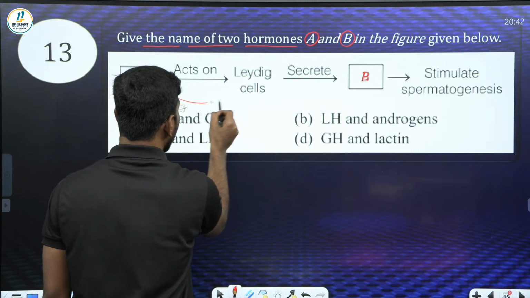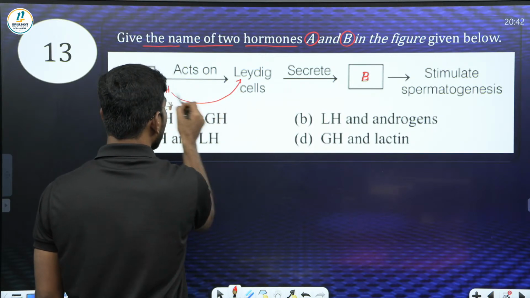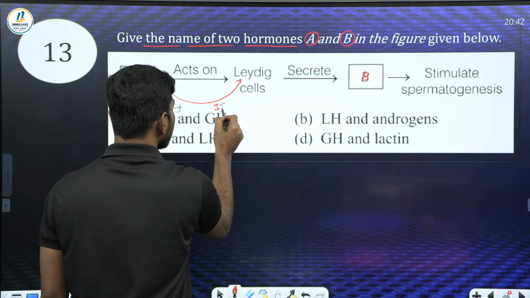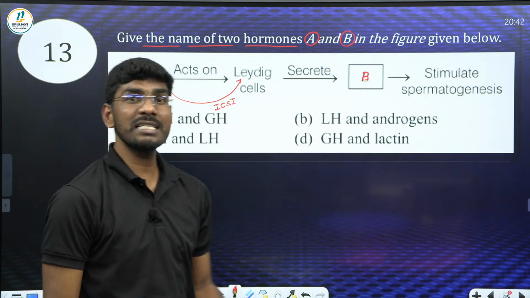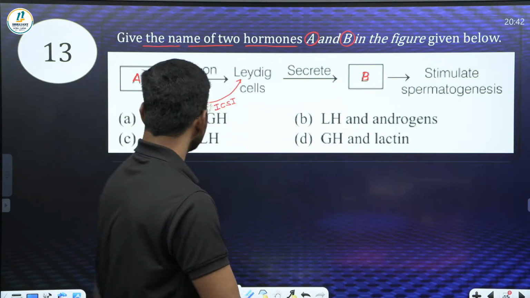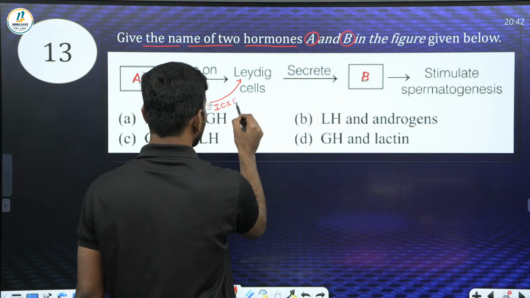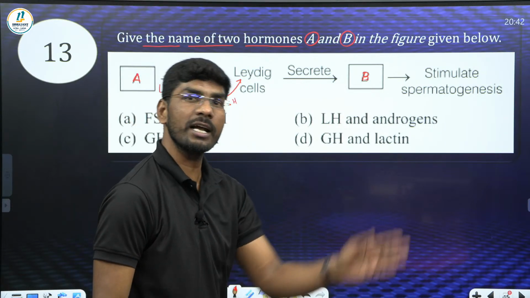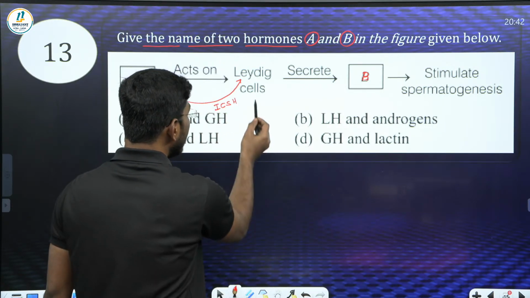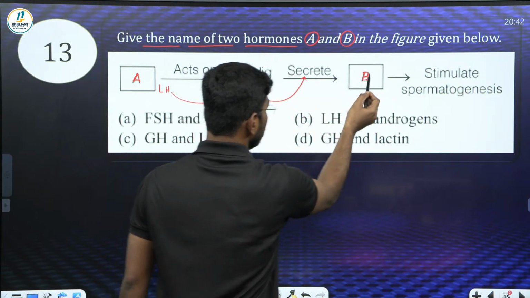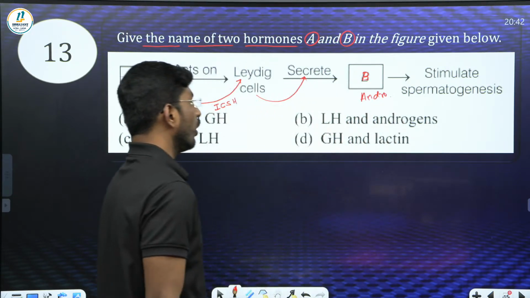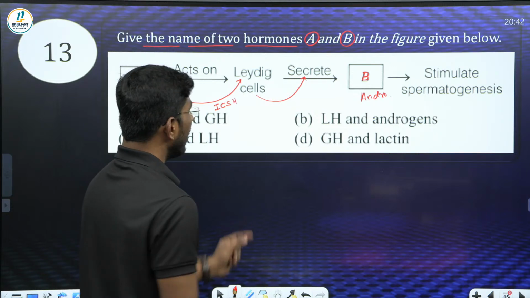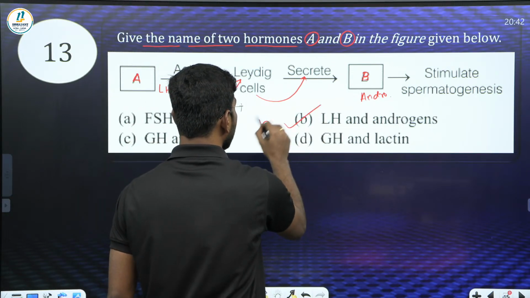LH hormone acts on Leydig cell. That's why LH hormone is also called ICSH, interstitial cell stimulating hormone. Next, Leydig cells secrete something. B is called what? Androgen. What is this androgen called? Testosterone. So correct answer is what, beta? LH and androgen, option B.